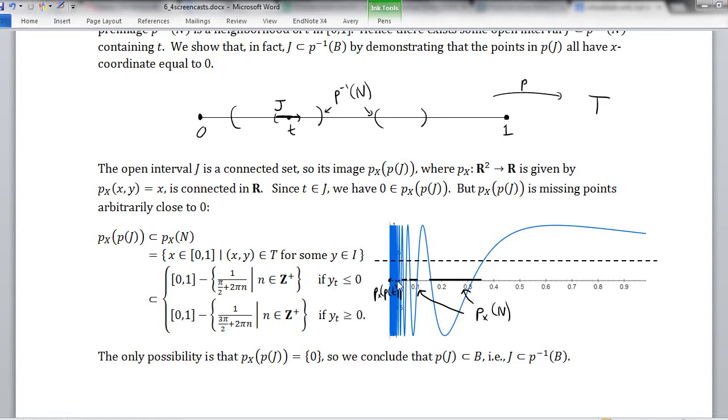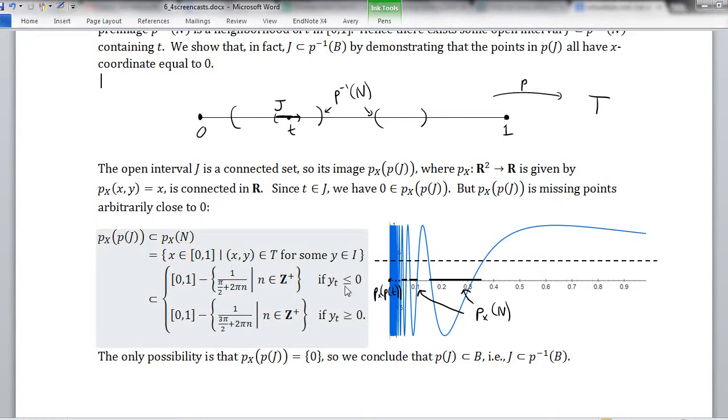But this entire set p_x(N) is missing points arbitrarily close to 0, because there are all these points in the graph up here, which are the only points with certain x-coordinates. And so those x-coordinates are going to be missing from p_x(N). And just to be sure, I've written down some of the points that are missing.